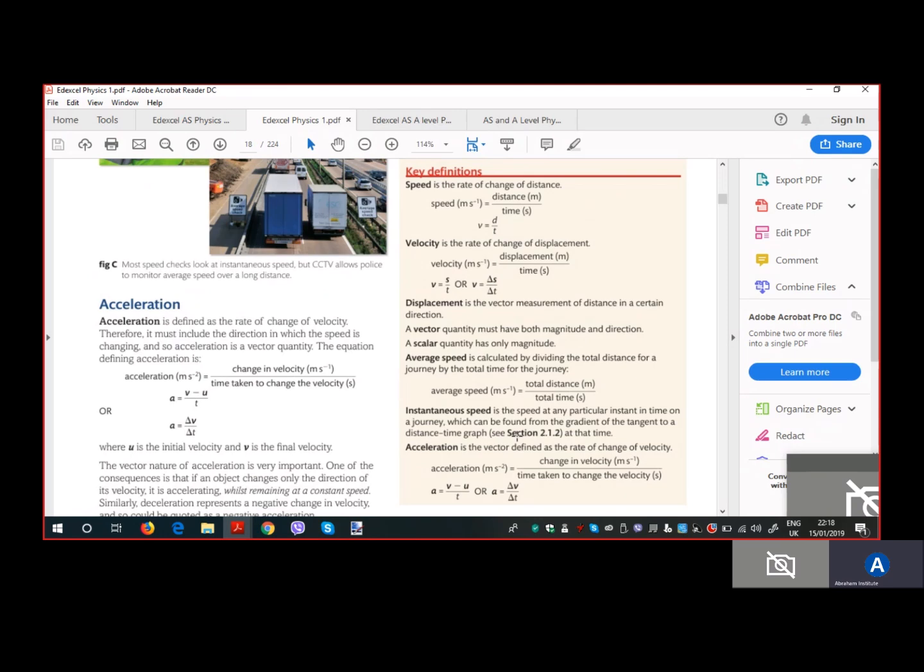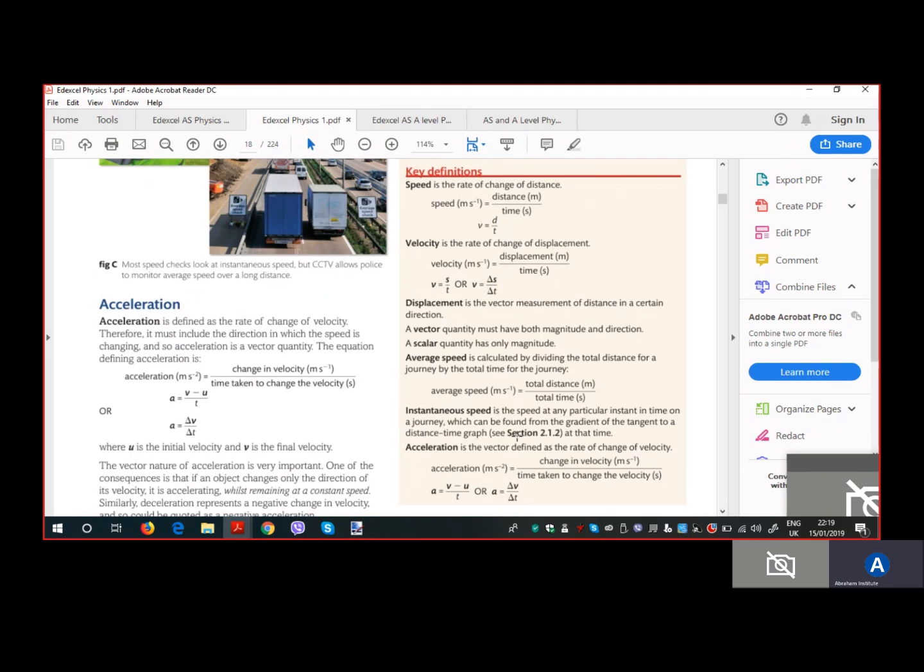So the first thing is, the gradient of a distance time graph is the speed. Second, the gradient of a displacement time graph is velocity. Third, the gradient of a velocity time graph is acceleration. Fourth, the gradient of a speed time graph is also acceleration.